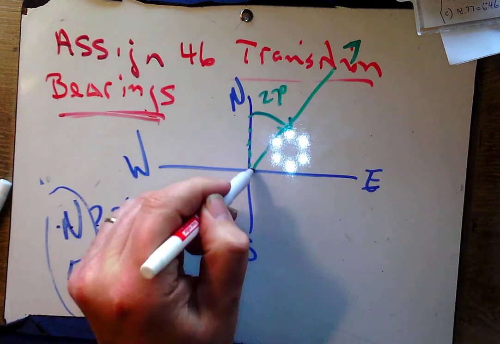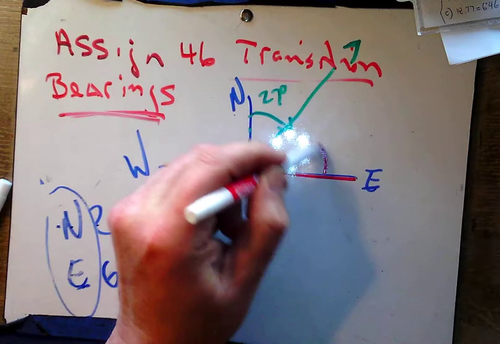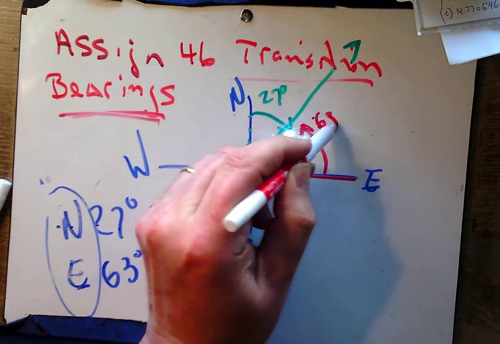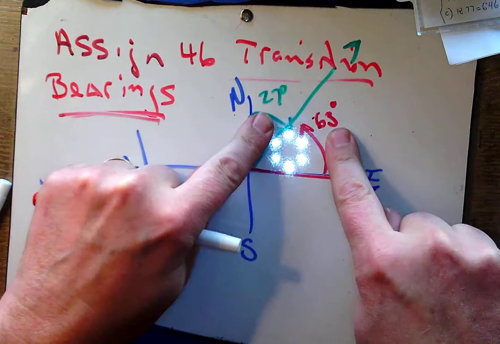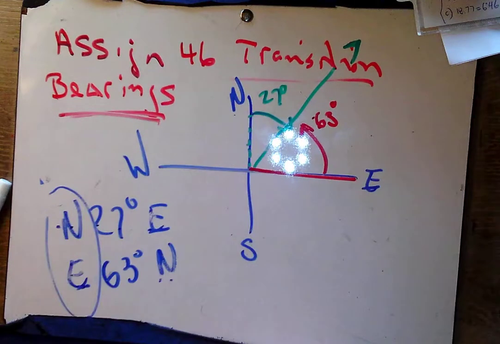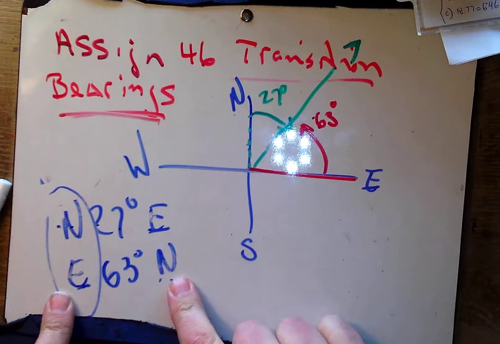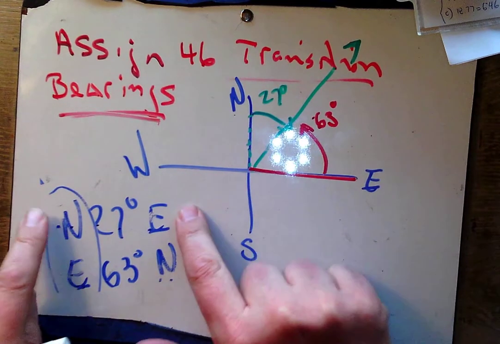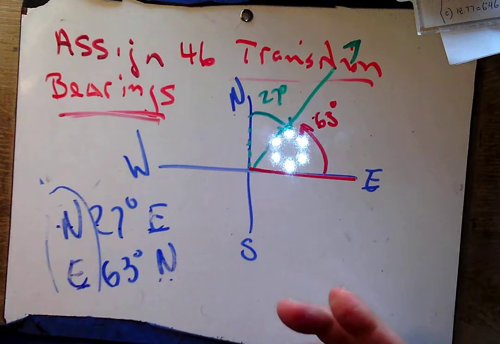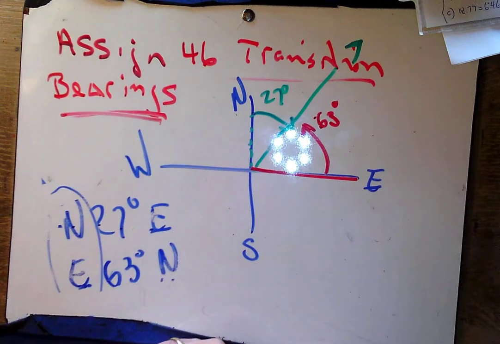Head east and then go 63 degrees to the north. These two, by the way, always add up to 90. You can use that one, that's fine by me, but most of the time we're going to see this. All right, so that's north 27 east.